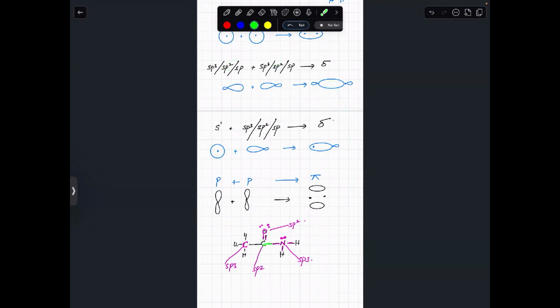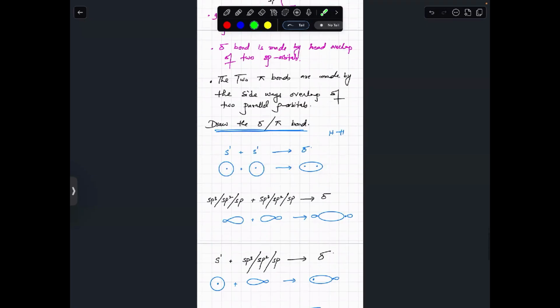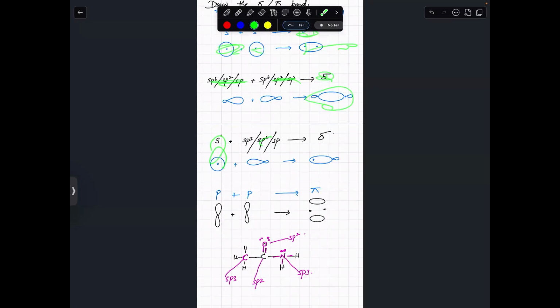This is sp2 with sp3, exactly the same. This is sp3 with s, this one. And the pi is by this. They will ask you to draw each sigma: if from s and s, this way; if from these, this way; and the pi is this way.